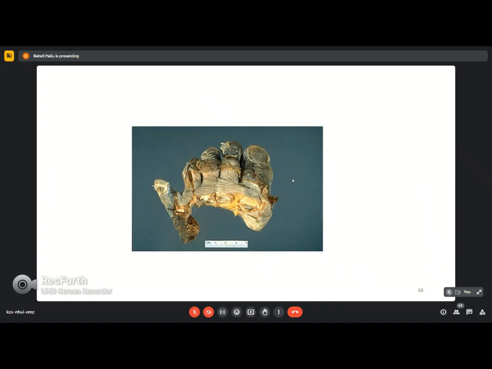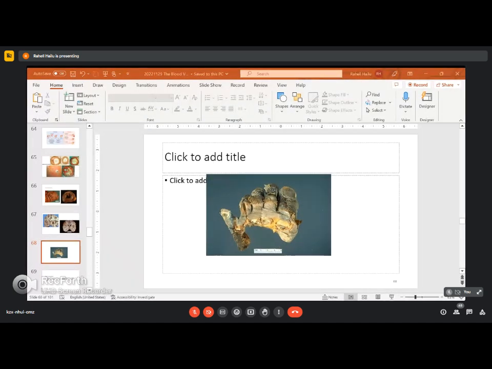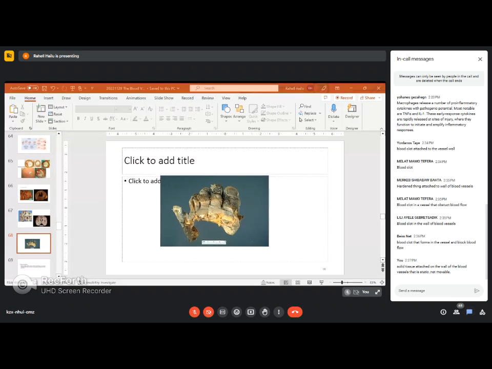And again, another is peripheral arterial disease. Can anybody guess what this is? What do you call this?